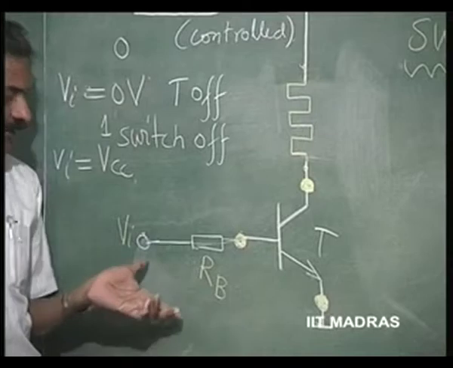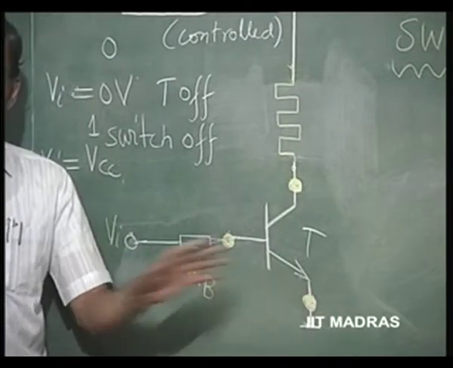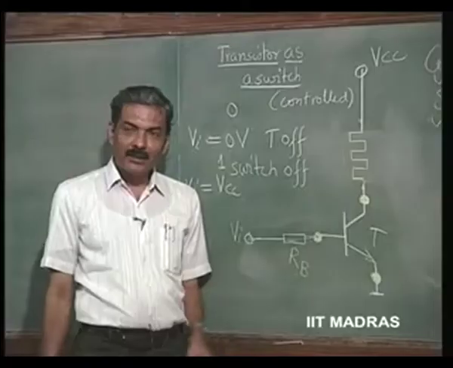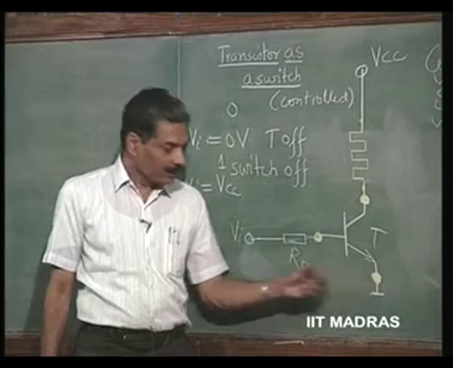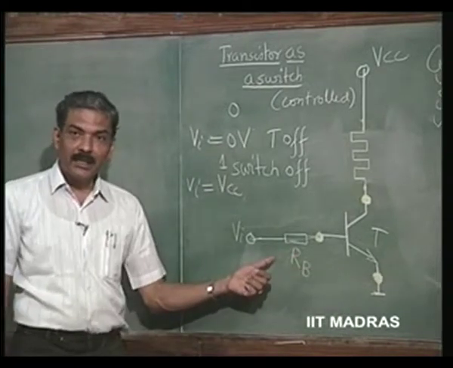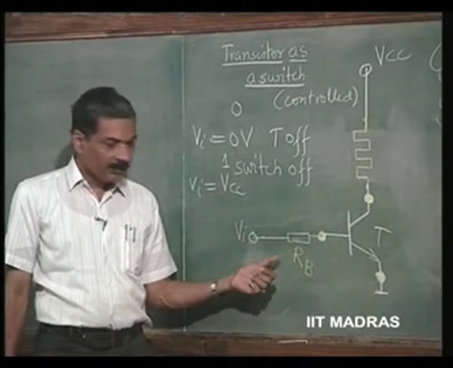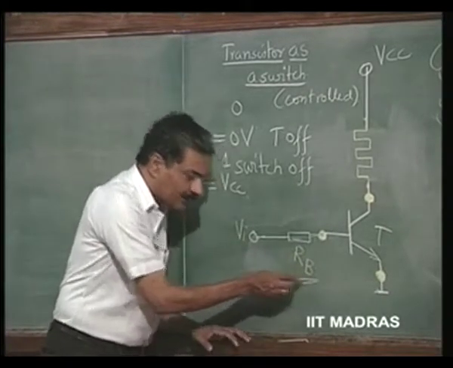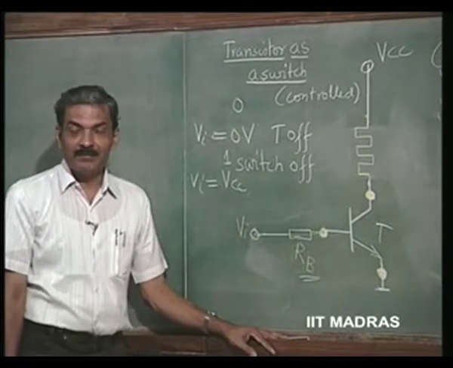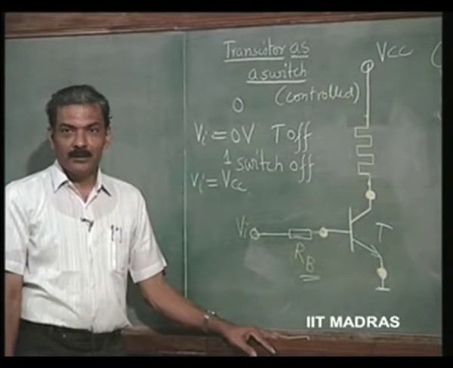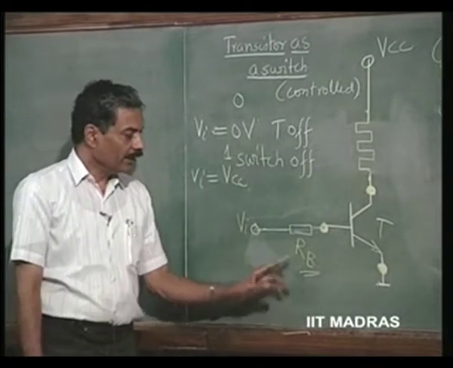So, it cannot sustain this much amount of forward voltage, and therefore, this junction will collapse, it will get destroyed, because there is no current limiting. So, Rb is the current limiting resistance put in the base. This is an important resistance to be put in the base of a switch, this you must remember, when the transistor is being used as a switch. This will be limiting the current.